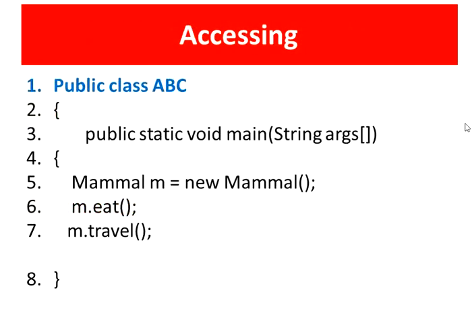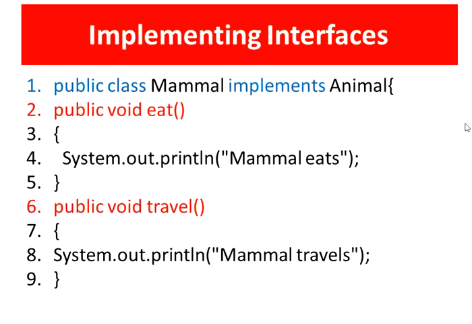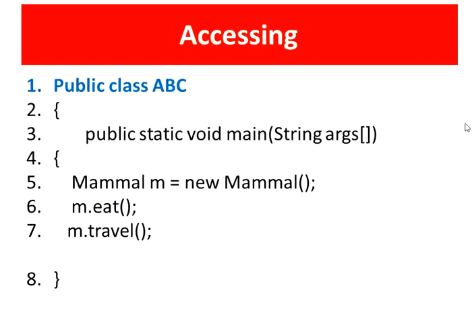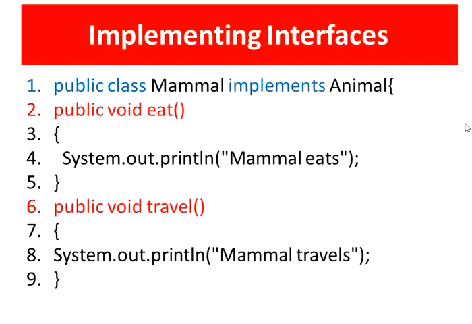So on line number 6 you can see m.eat will call this eat method. When you call the eat method, it displays the output "Mammal eats". After that it calls the travel method on line 7, so it calls the travel method from this Mammal class implementing the Animal interface.